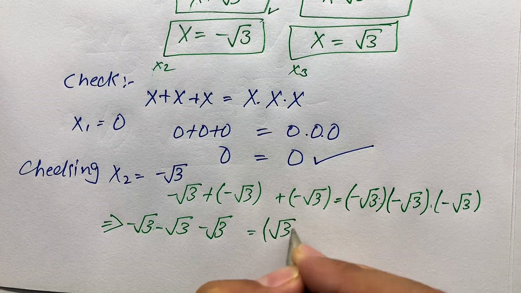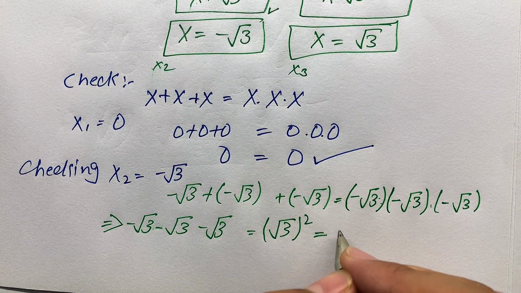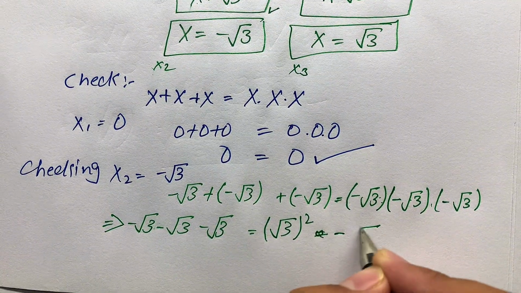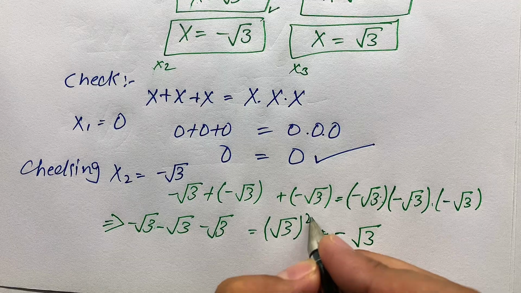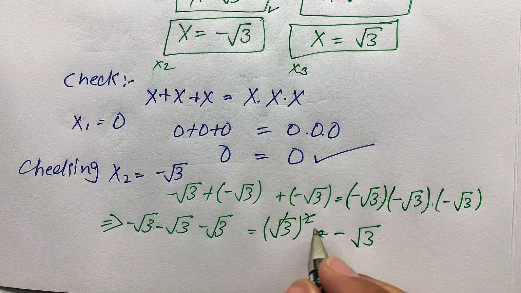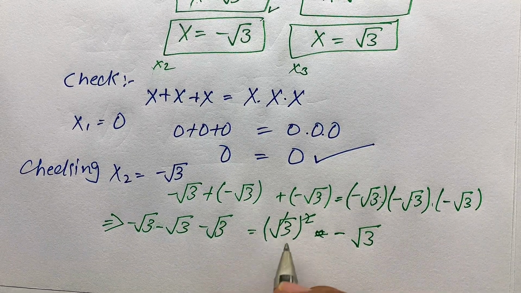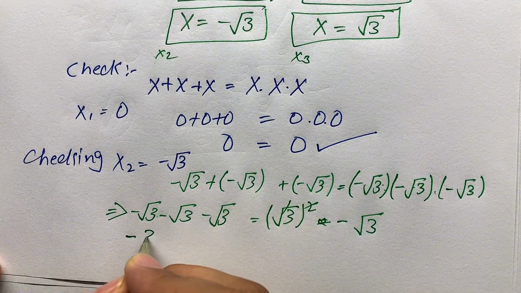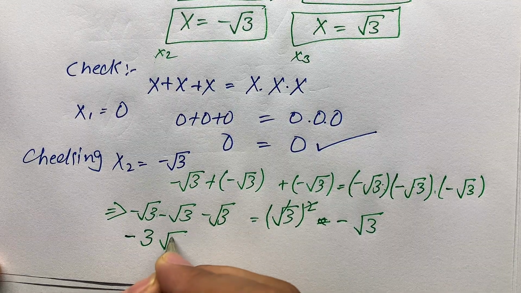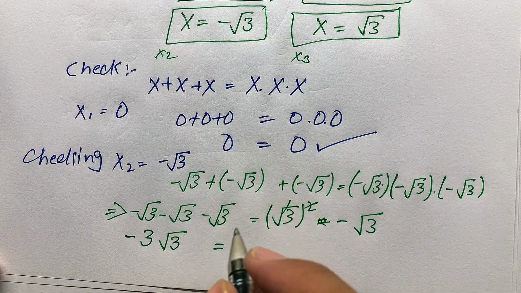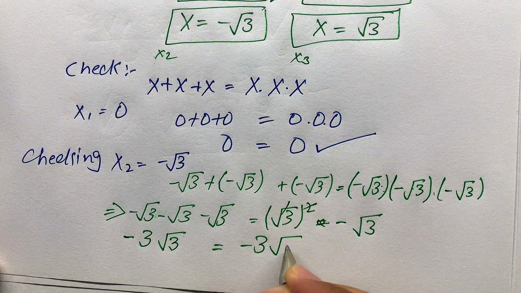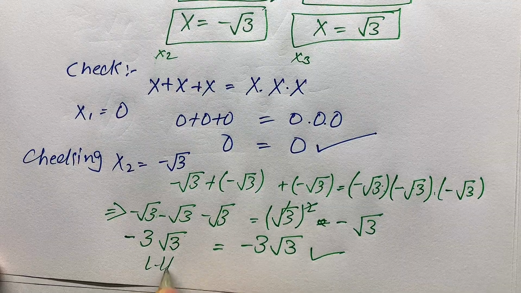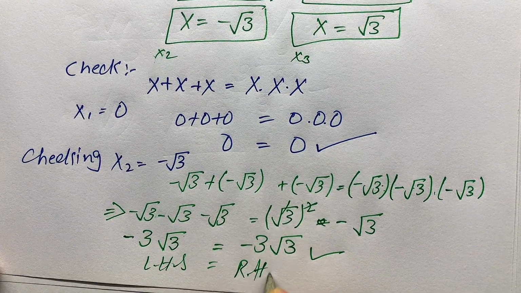Under root of 3 into square is equal to 3. This will be under root of minus 3 into 3 is equal to minus 3 into under root of 3. So our left hand side is equal to right hand side.